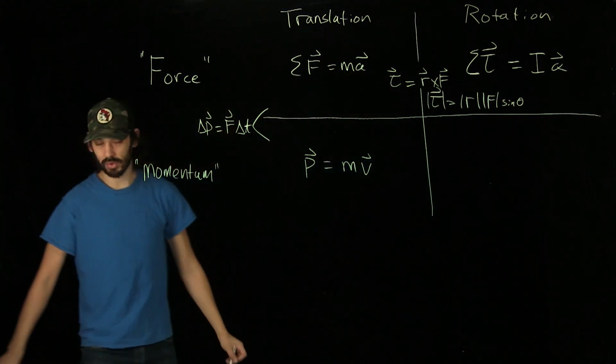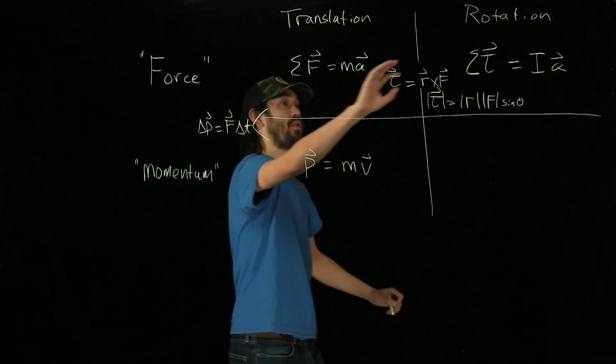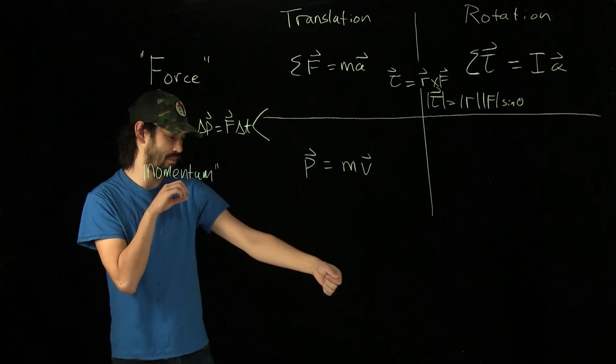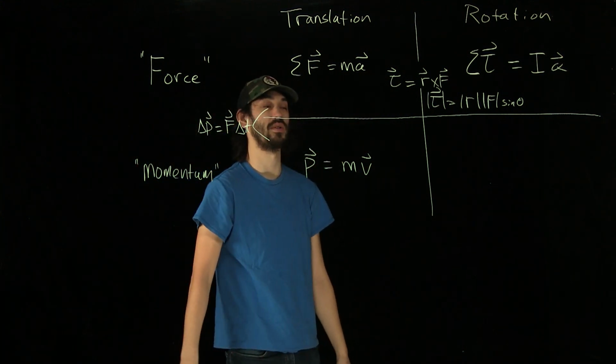Okay? So we saw then how we could apply a force to cause rotation if we apply this force at some distance from the center of rotation. That's how we define torque in terms of force.